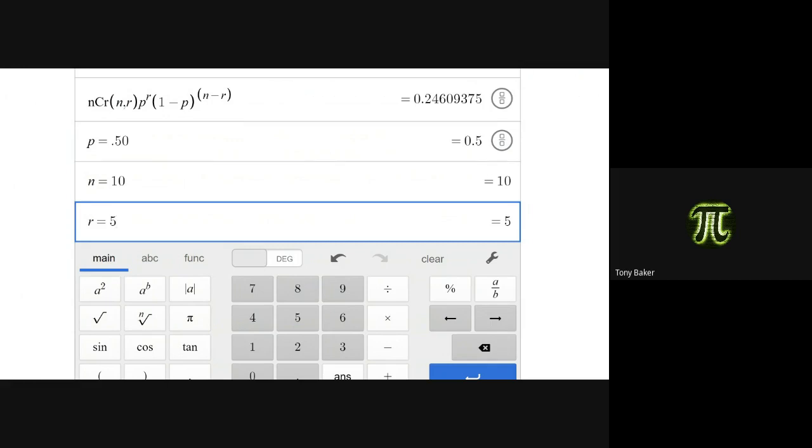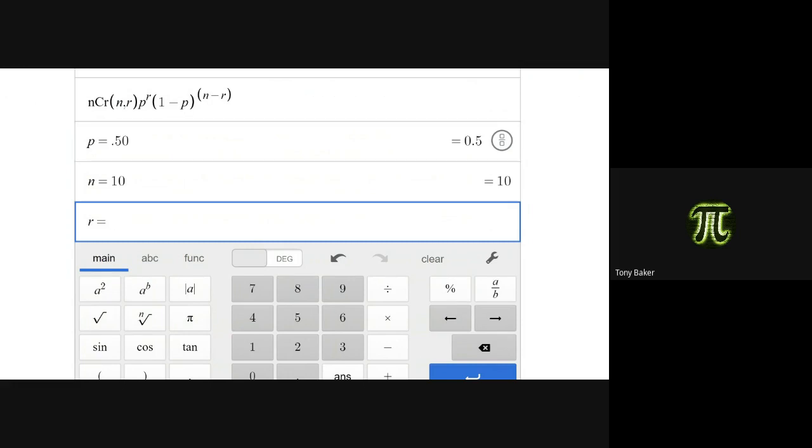The probability that I get exactly 5 heads is approximately 0.25 or 25%. That's not 5 or more. That's not 5 or less. That's exactly 5.